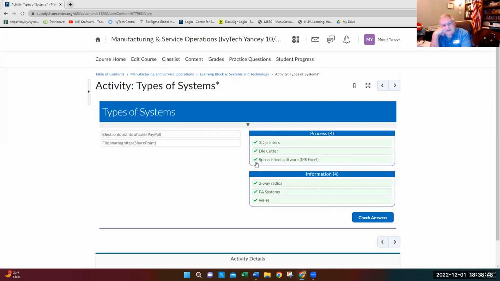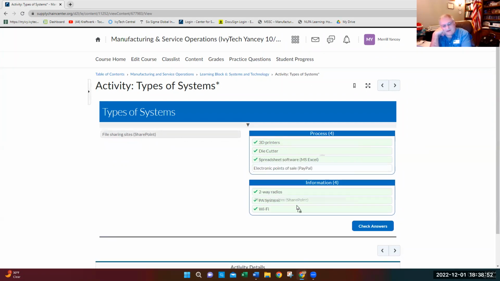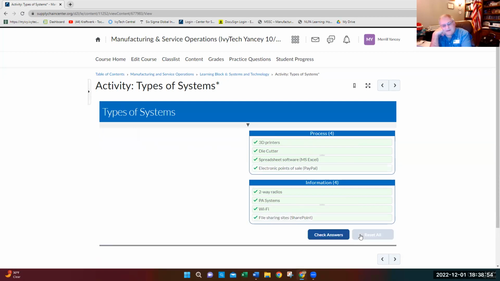I think this one went there. And this one went there. So it says 3D printers are part of a process, and die cutters too. If you've got a mold that's going to make a part, it's the stuff that cuts out the mold. Spreadsheet software, like I said, is the backbone to every kind of process.